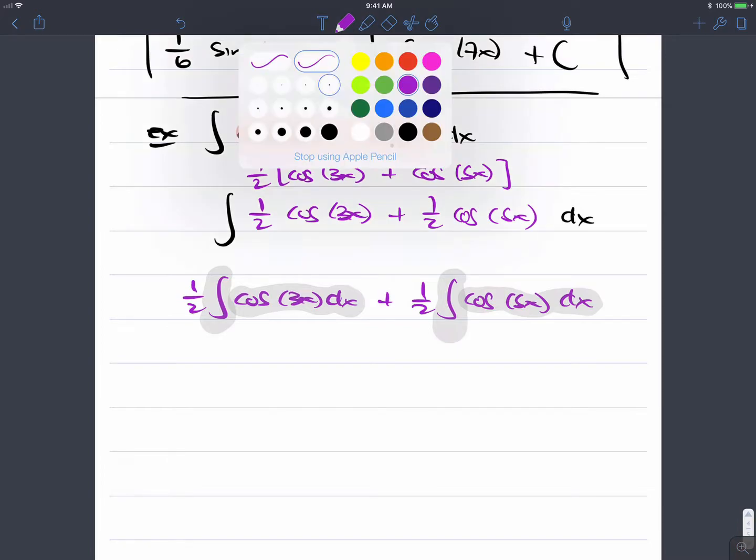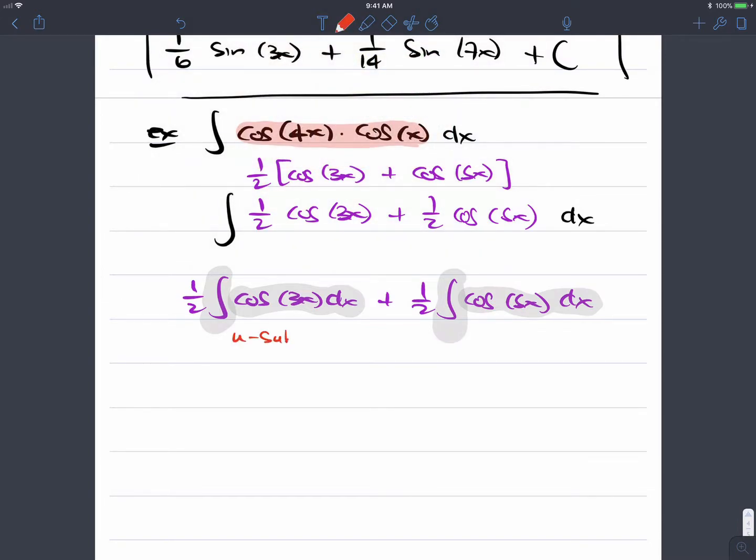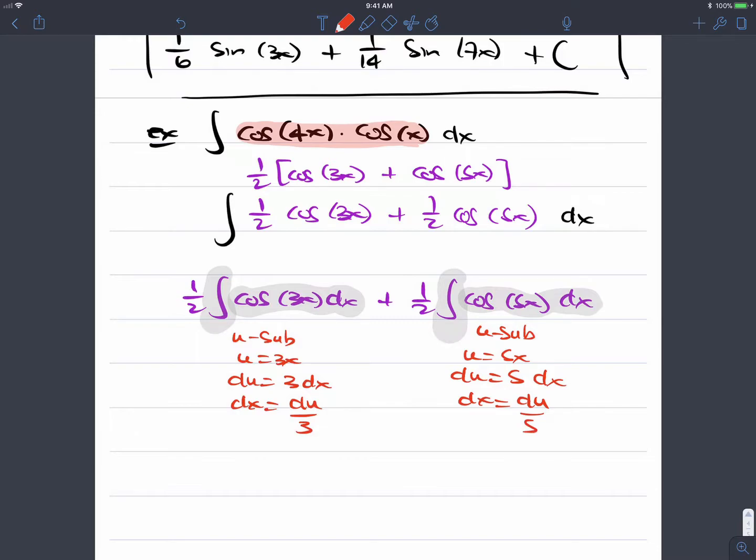So I'm going to go back to the red and u sub here. We know u becomes 3x, du is 3 dx, dx will be du over 3. U sub u is 5x, du is 5 dx, dx will be du over 5. So that this integral here becomes 1/3 sine 3x, 1/5 sine 5x.